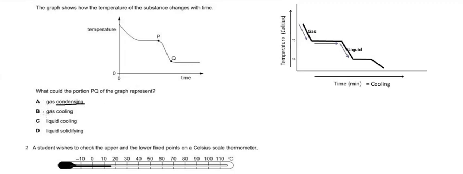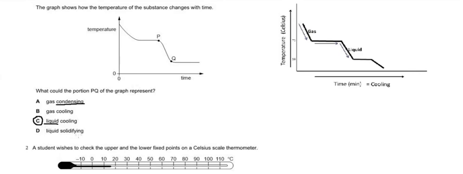Then option B, gas cooling, can't be the answer again because this can be the first decreasing line. C, liquid cooling, this can be the answer here. Here we can see this PQ can be the liquid, and it is only one state, and decreasing temperature can occur with a single phase or single state. So option C can be the answer.